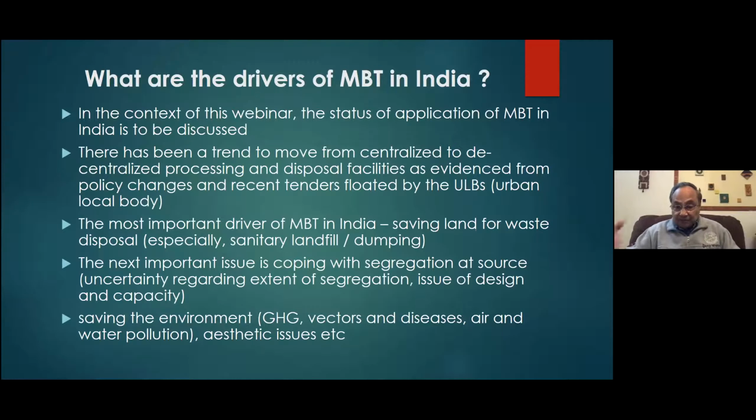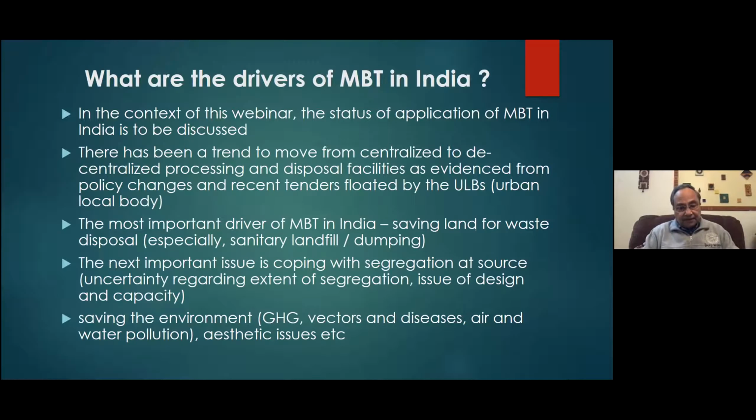But when I design a system, it has to be either a system with complete segregation at source, or the segregation has to be at the plant. In between is a difficult thing. So MBT would be there as long as these kinds of concerns are there. That's the second most important reason for MBT.